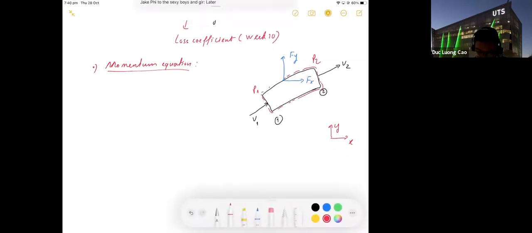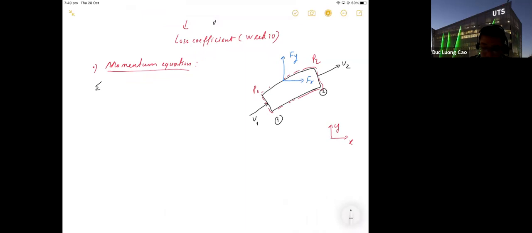The momentum equation: sigma F, the total force on the control volume, will be equal to sigma beta m v, where beta is the momentum flux correction factor.